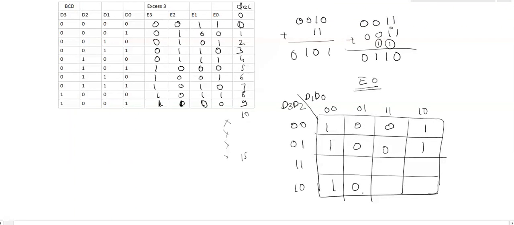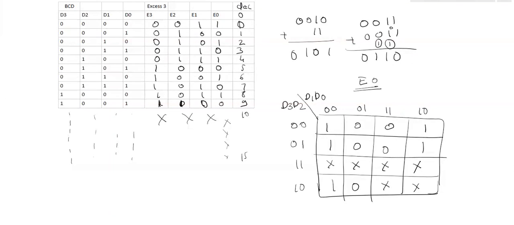Till 10 we are getting these values. Now after 10, that is 11, 12, 13, 14, 15, no BCD values are given in the truth table. Means whatever input will be there, the output is don't care for that. Now consider all don't cares. Okay. Now after that, find out the function.